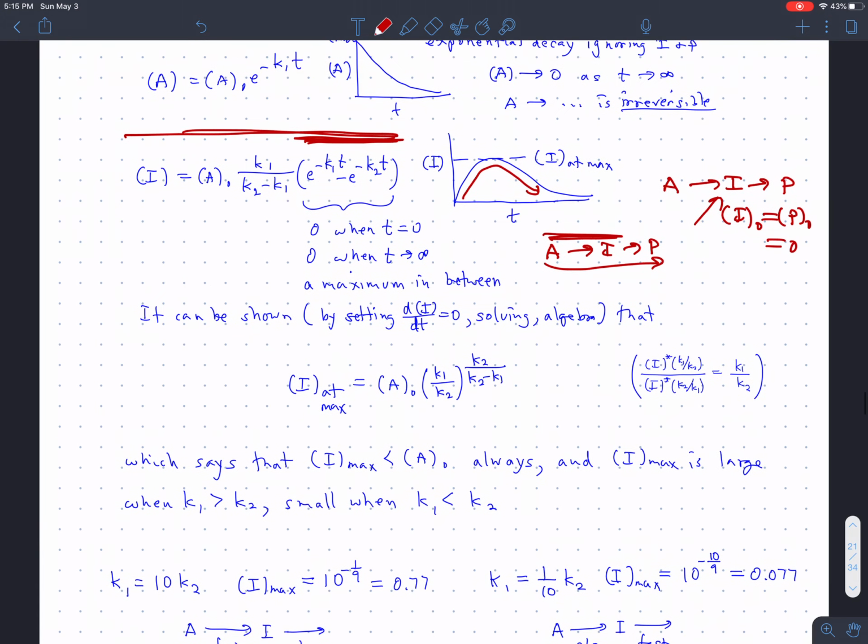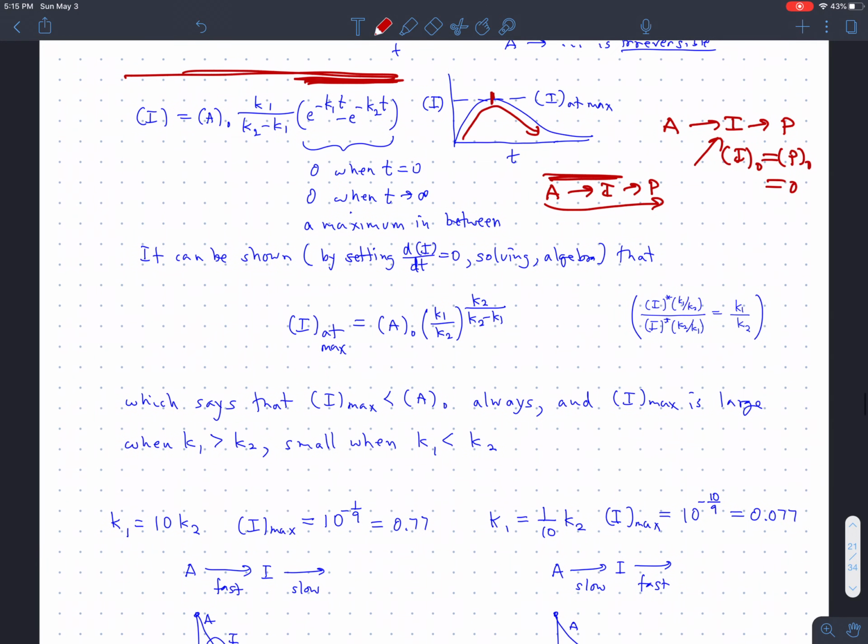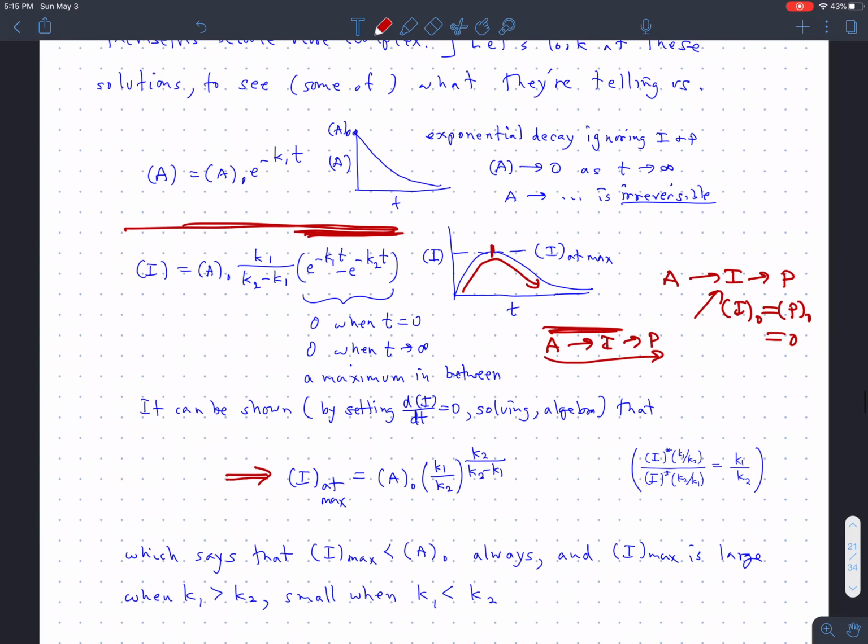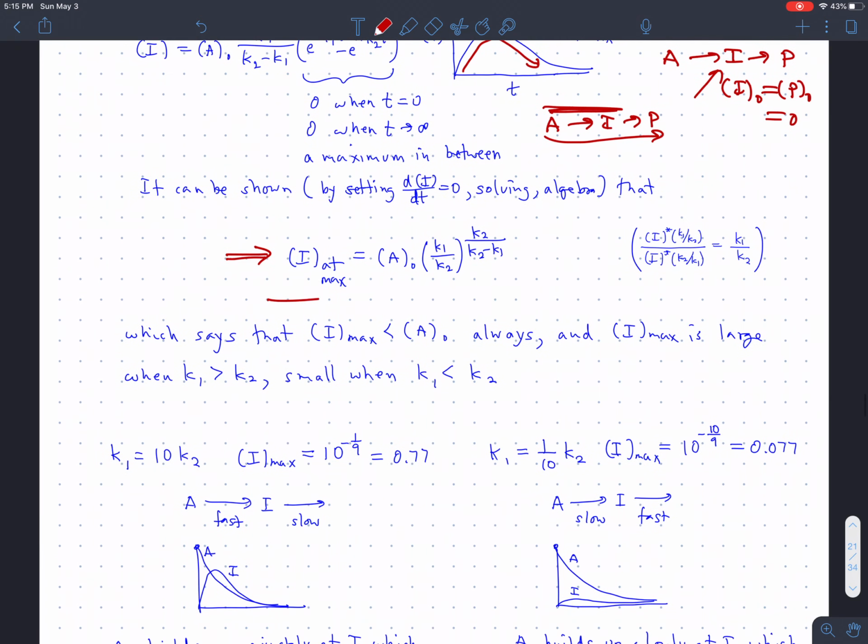It is possible to find the location of that maximum point, to find what the value of the I concentration is at that maximum point, and that's kind of important because how much intermediate you eventually create is one of the most important things about this whole mechanism. So whether you make a lot of intermediate or just a very little is important to know. Here's the formula.